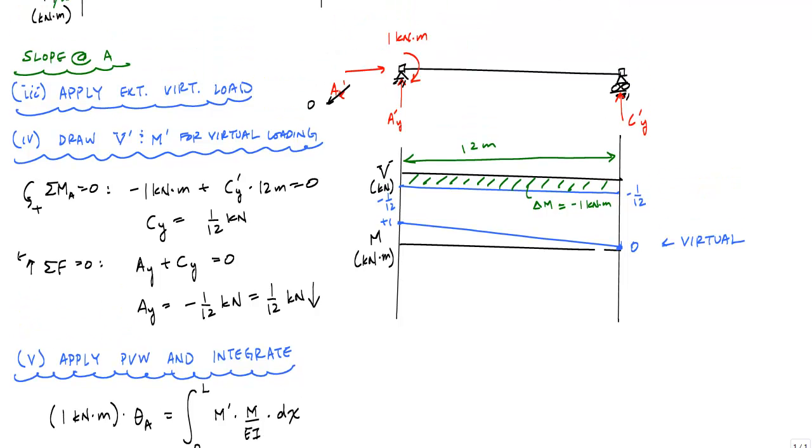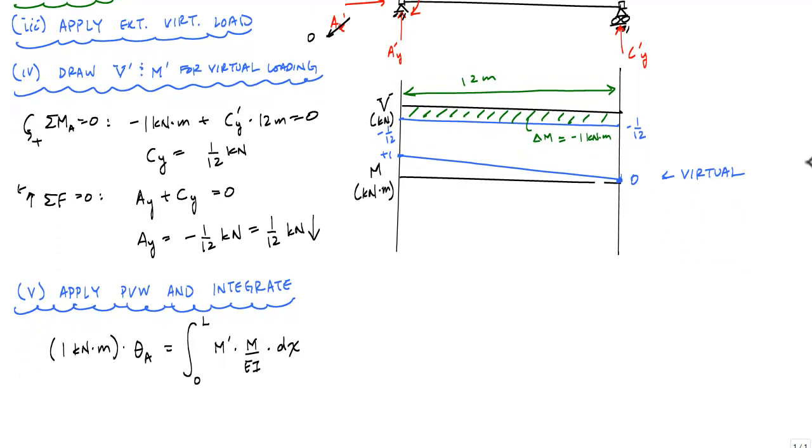Basically, I have one moment function to describe each moment diagram. So I have one function to describe the virtual moment diagram, and I can use just one function to describe the real moment diagram. I could go ahead and apply moment functions. That's one option. The other thing you can do is use product integration tables and solve them using charts that are available.